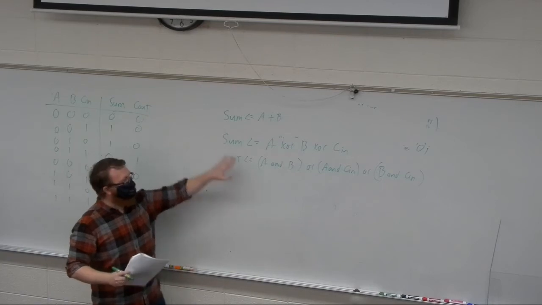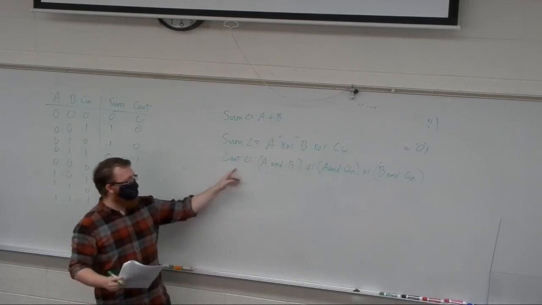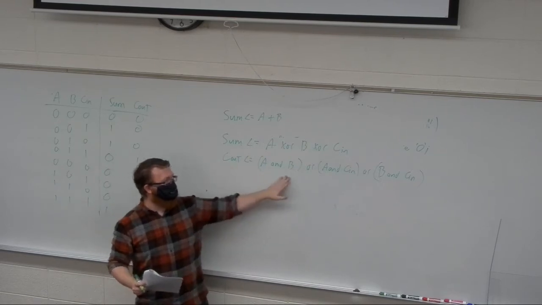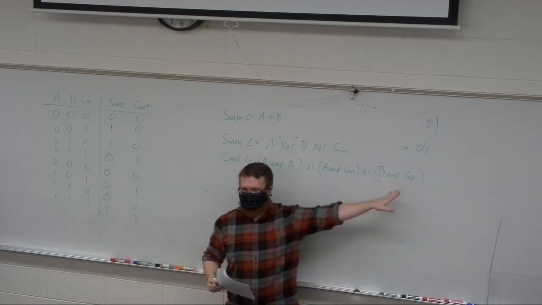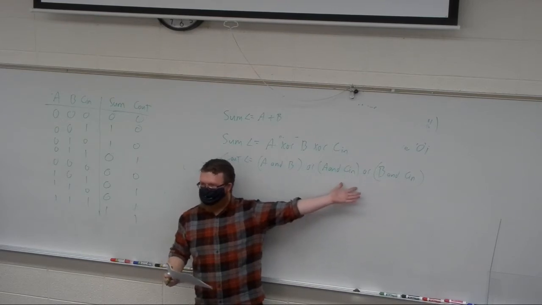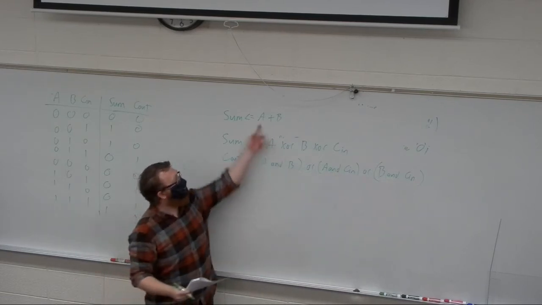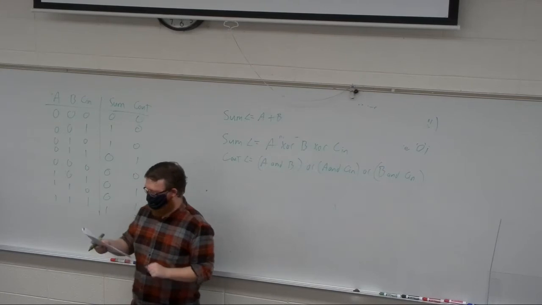So sum we know is just the XOR of A, B, and Cn. And C out is, we get a carry if we have A and B, or A and C, or B and C. Ta-da, I've made an adder, right, in VHDL. VHDL is really nice. It makes life simple to implement either structural or behavioral adders.